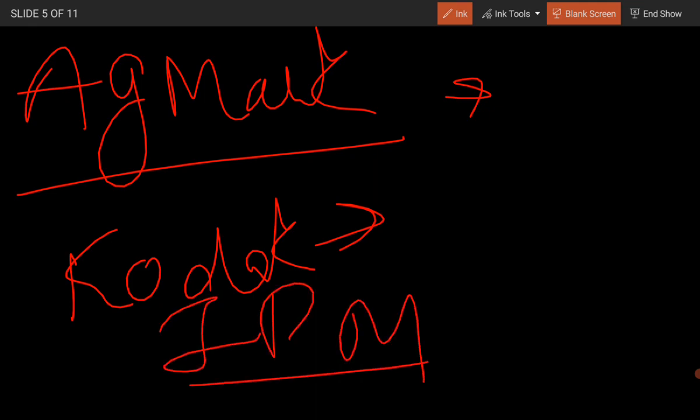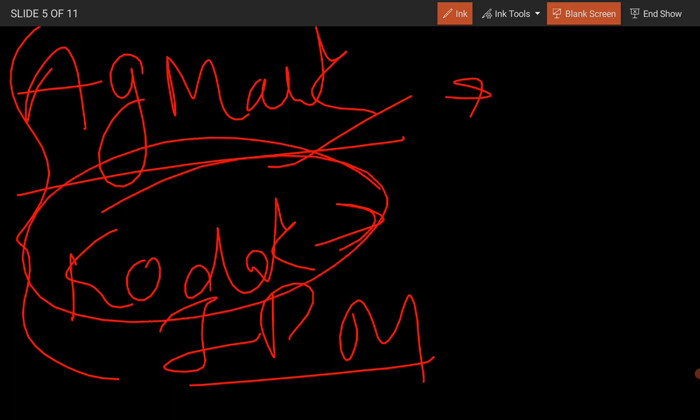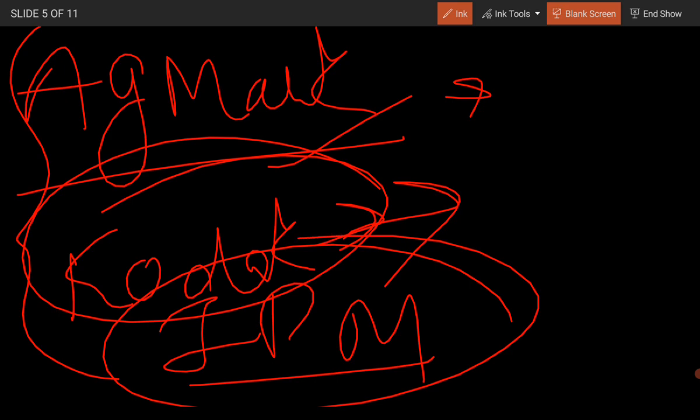Whenever these marks, symbols or words come up, the first thing that comes to your mind is AG Mark, yes, it is a food product. Kodak, oh, it is a photography product. IBM, it is a computer product. So these trademarks help to identify products. These are the identification symbols, in simple words.